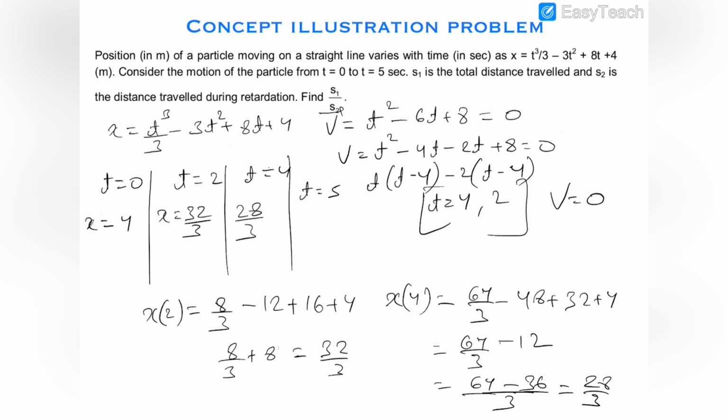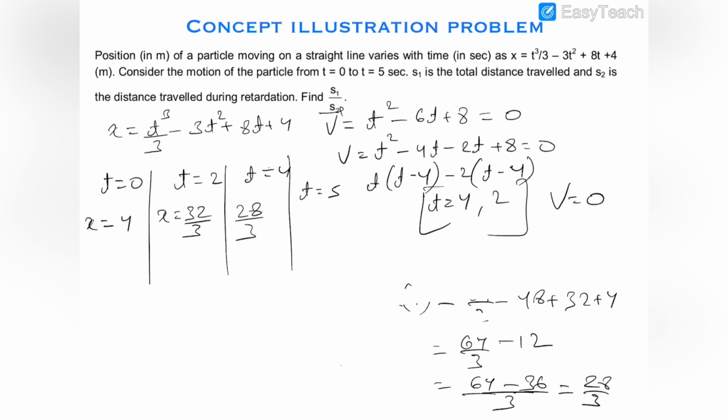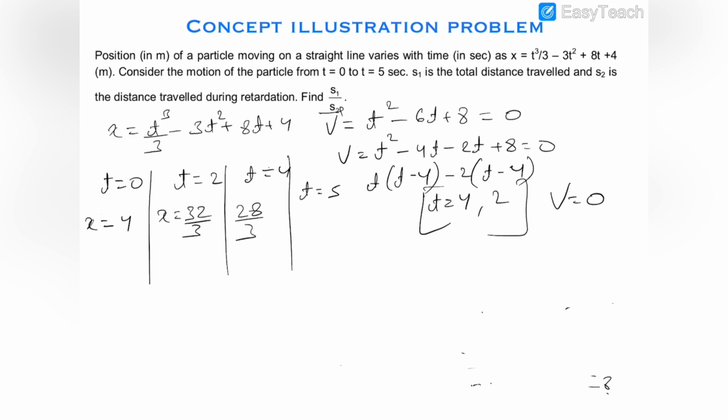And at t is equal to 5 seconds, let us again find out what is x. At t is equal to 5 seconds, you can see that x is equal to 125 by 3 minus 75 plus 40 plus 4.